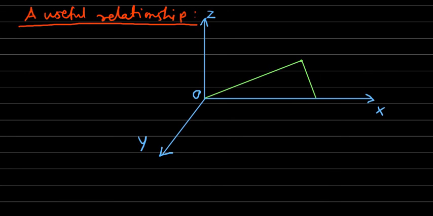This was the point P, and we have drawn a perpendicular, this is a 90 degree angle. The foot of the perpendicular is at the point L, which is obviously on the x-axis. Let us suppose that the angle made by the segment OP with the positive direction of the x-axis is alpha.